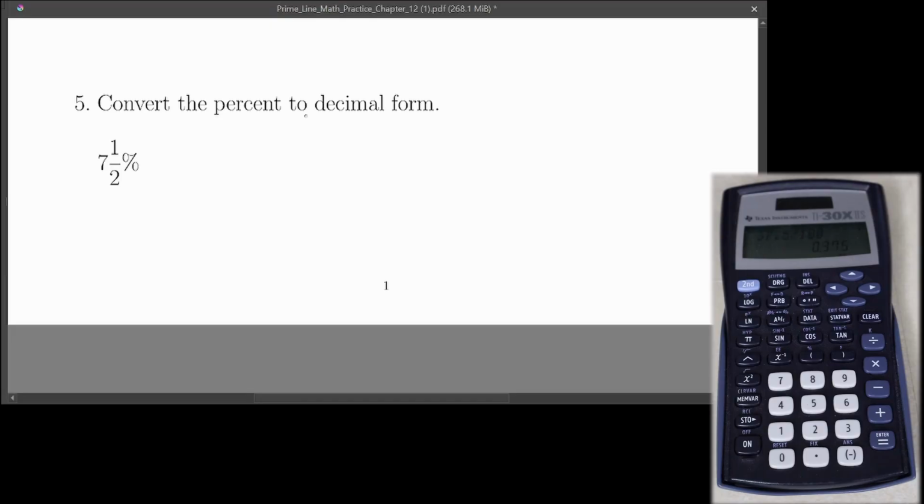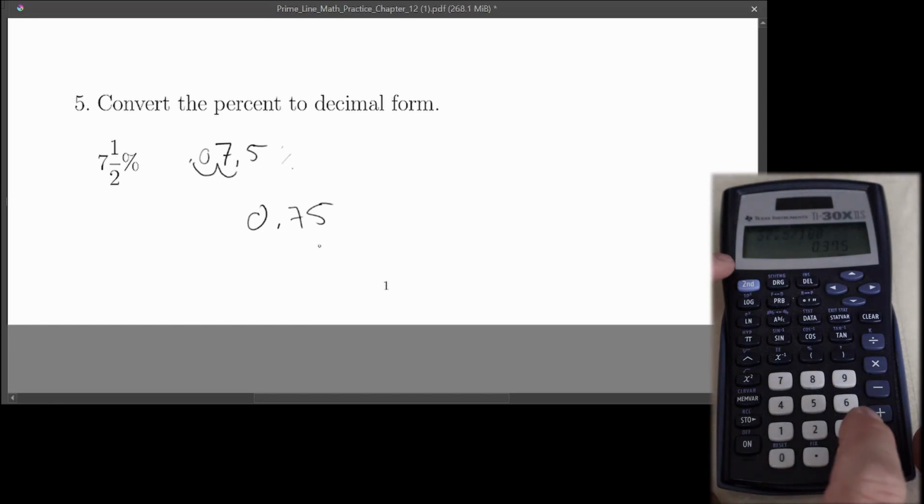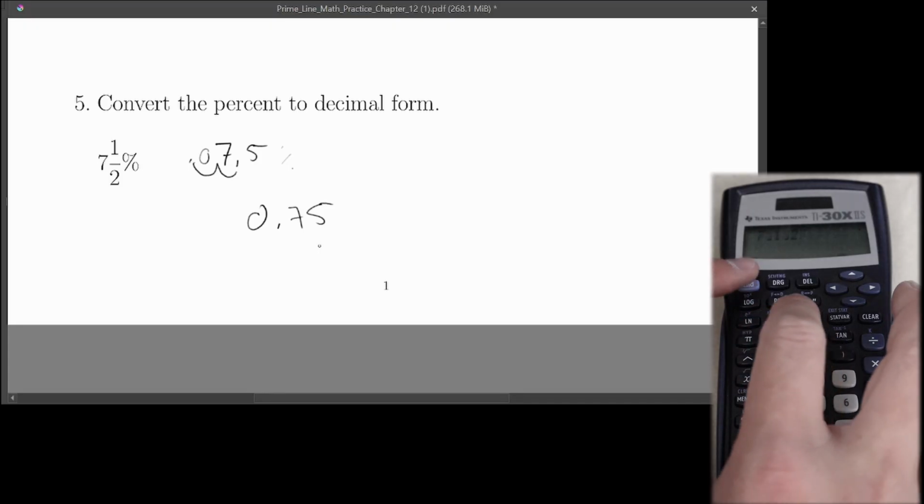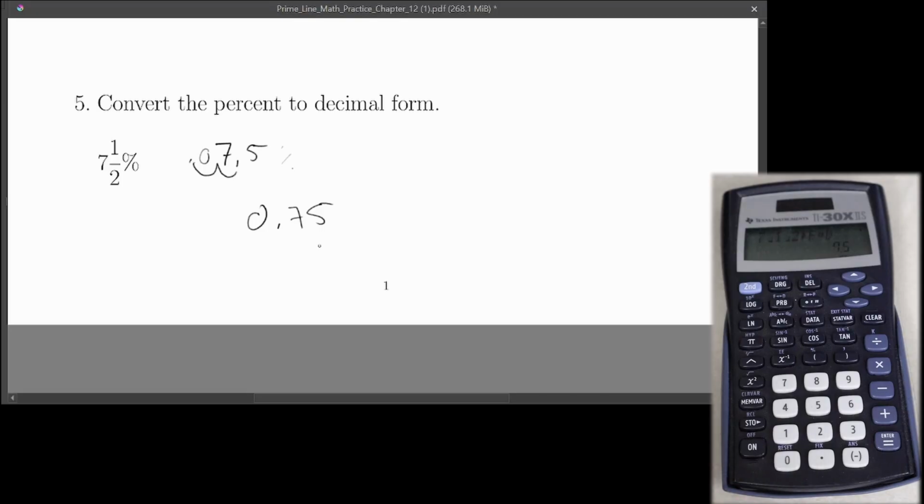So 7.5% to decimal form, we could write that as 7.5, and then we could move the decimal 1, 2 spots, and our answer would be 0.075. Or we can type in 7 1/2 and convert that fraction to a decimal. We got one error here.